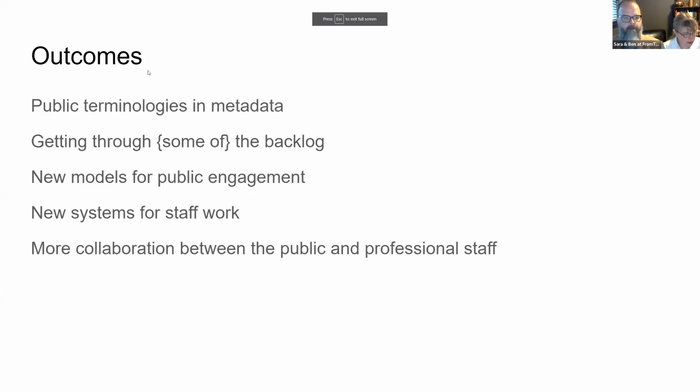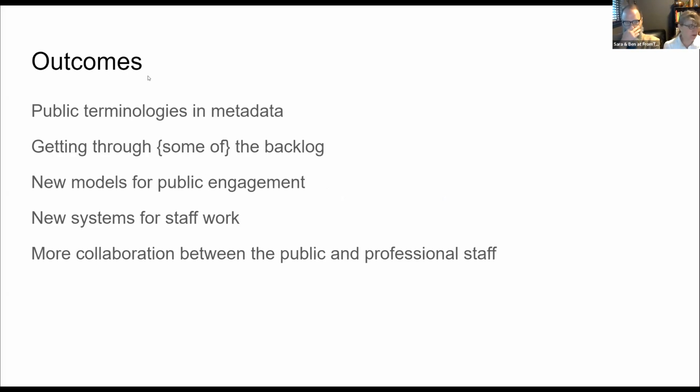Okay, next slide. Yeah, so these are our hoped for outcomes with this project. We know from discussions with the archivist Ashley Yandel at the North Carolina State Archives, she did her master's research on what people search for and how archivists describe things, and how they're not always the same thing.